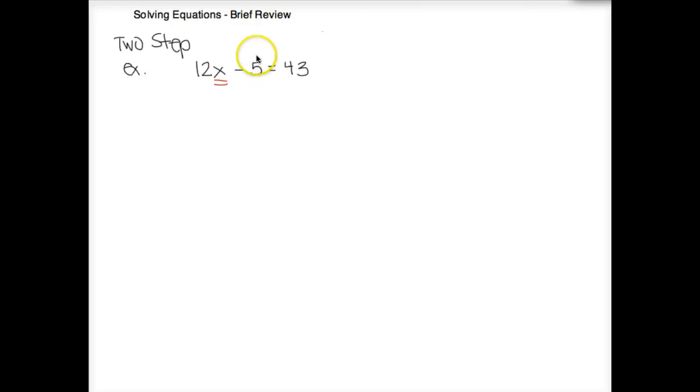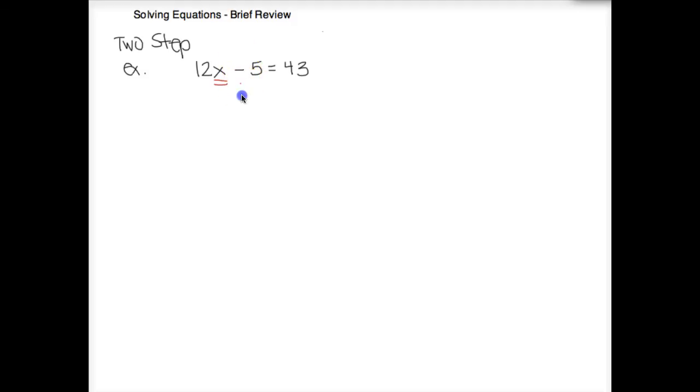We've got one that's kind of further away, so if we think of this as the couch, the x is sitting further away from this -5 than it is to the 12. So generally when you're sitting closer to one person than another, you like the other person a little bit less. So we want to move this -5 first.